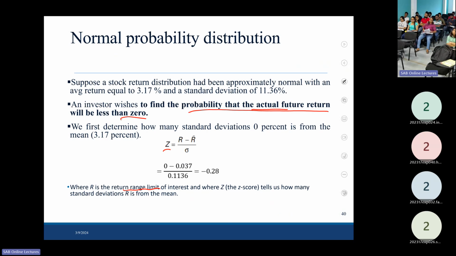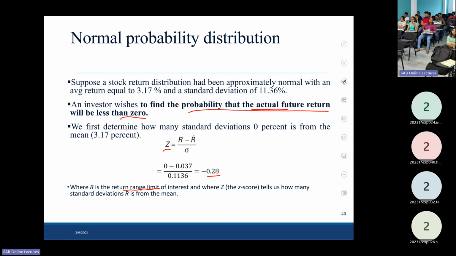Minus R bar, our average, divided by standard deviation. Then you will get a Z value of minus 0.28. So it says how many standard deviations 0% is away from the average. 0% is our expected number.